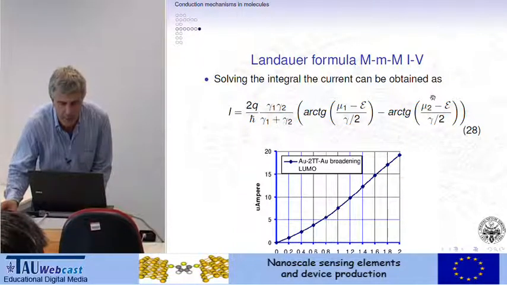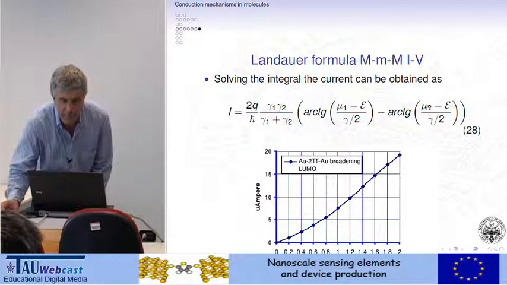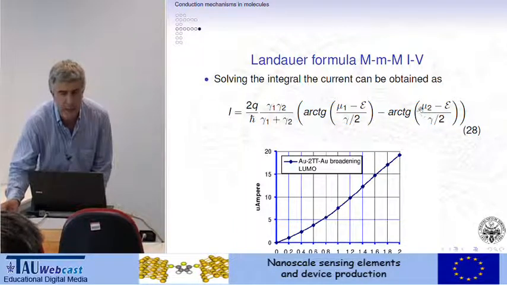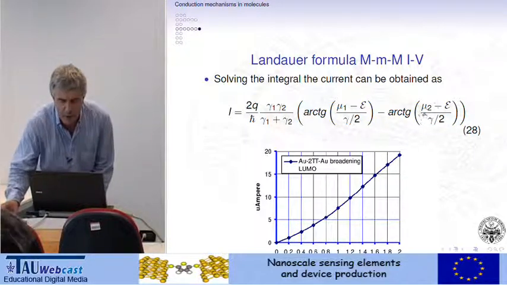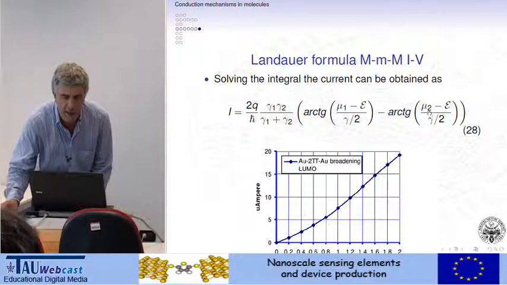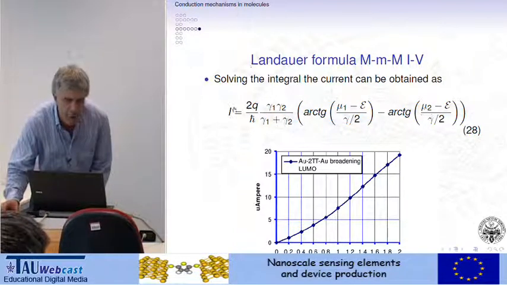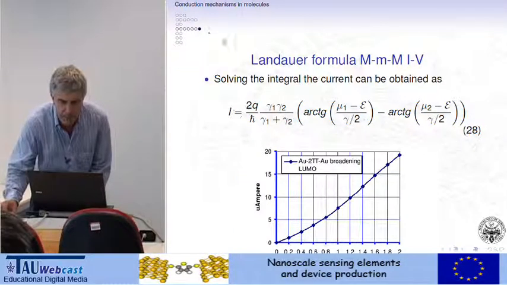When you apply a voltage, you can consider a different value for μ2, because the only quantity that is modified by the external bias is the Fermi level in the electrode 2. So this will be a function of the applied voltage.